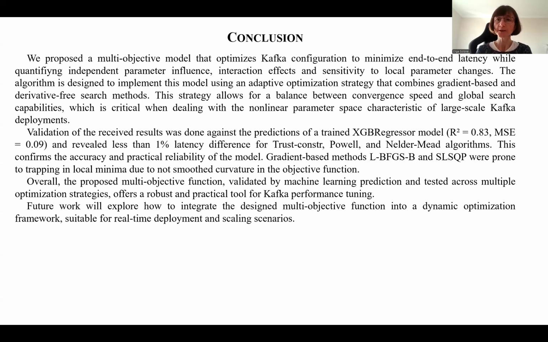The validation of the received result was done against the prediction of the trained XGBoost regression machine learning algorithm, and revealed less than 1% latency difference for the trust region constraint method, Powell, and Nelder-Mead algorithms.